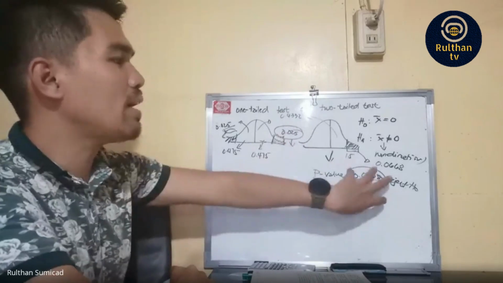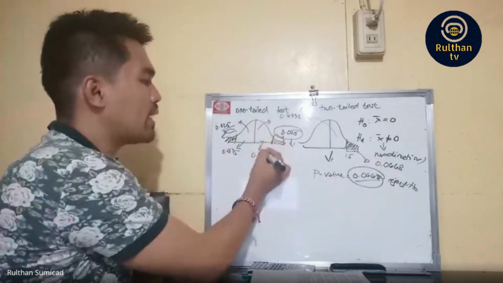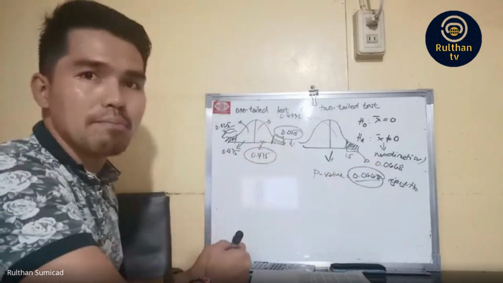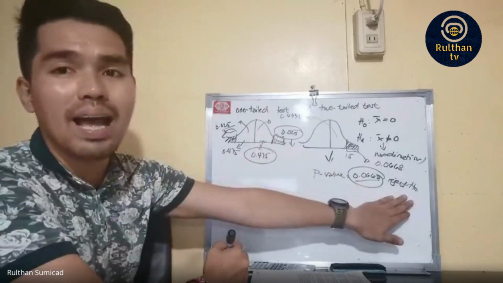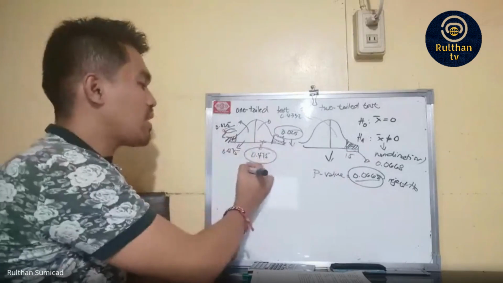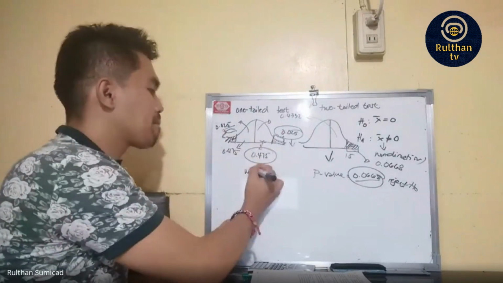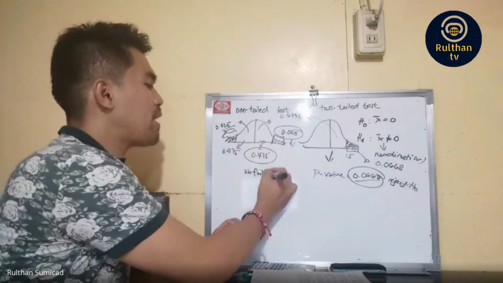Now, if you look at this one, this value is already found somewhere here. It belongs to the 0.475. So it means that if rejecting the null is our decision, in the two-tailed test we fail to reject.